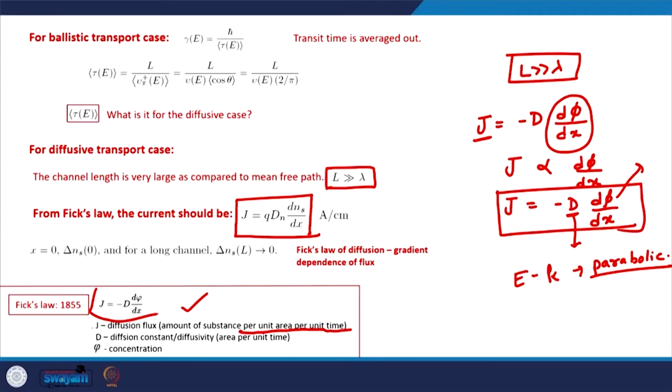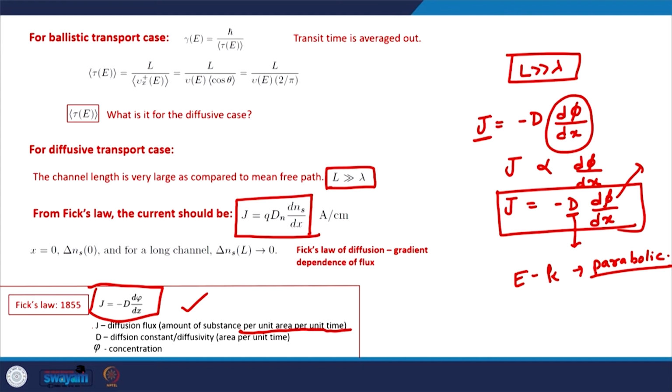So, the conduction electrons, that are the electrons very close to the bottom of the conduction band, in most cases have parabolic E-k. Those electrons can be treated as classical particles, and the diffusion for classical particles will be given by Fick's law.